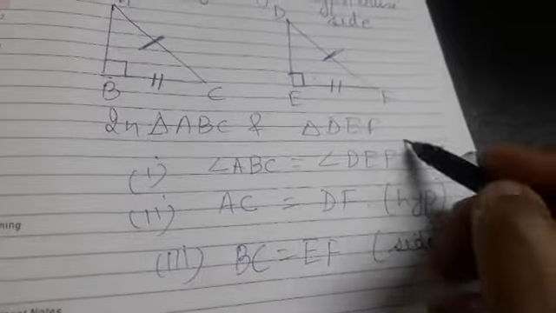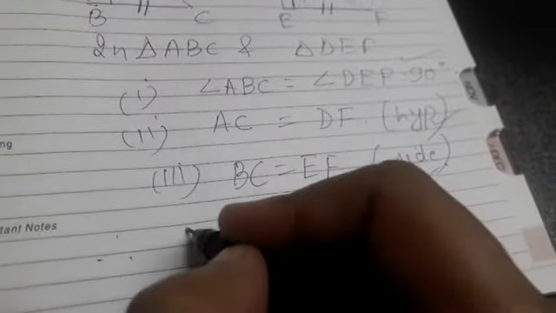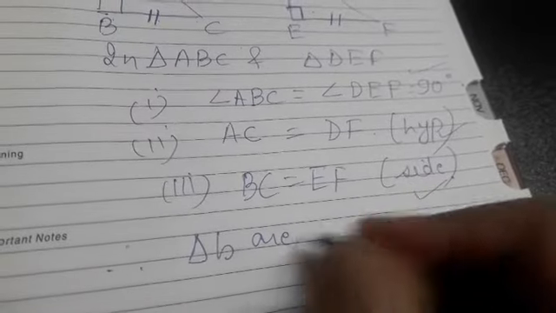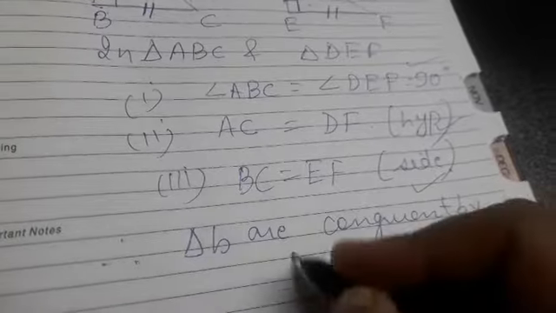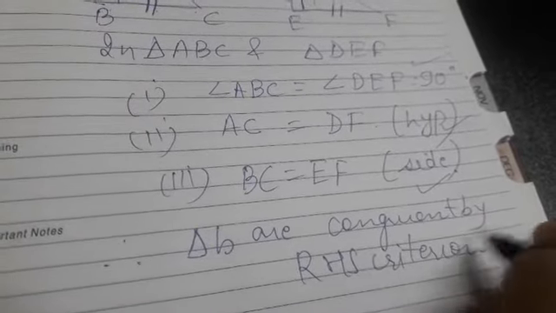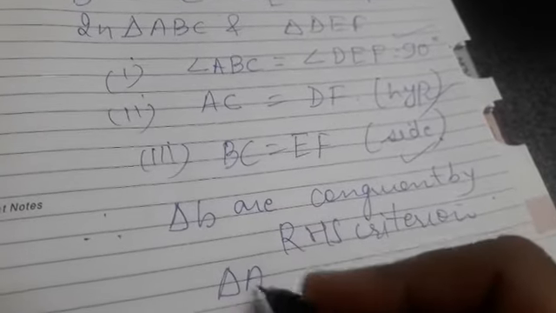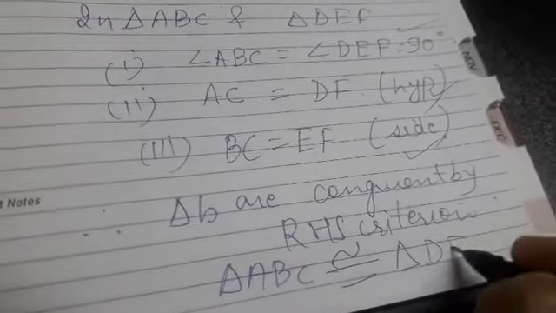Now as you can see that the corresponding three parts are one right angle, one hypotenuse and one side, and therefore the triangles are congruent by RHS criterion. And you know how we write a congruence? Triangle ABC is congruent to triangle DEF.